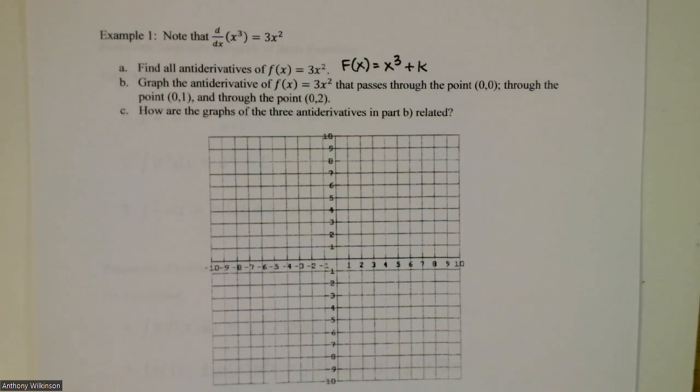All right, so now in part B, we want to graph the antiderivative of f of x equal to 3x squared that passes through the point (0, 0), and also through the points (0, 1) and (0, 2).